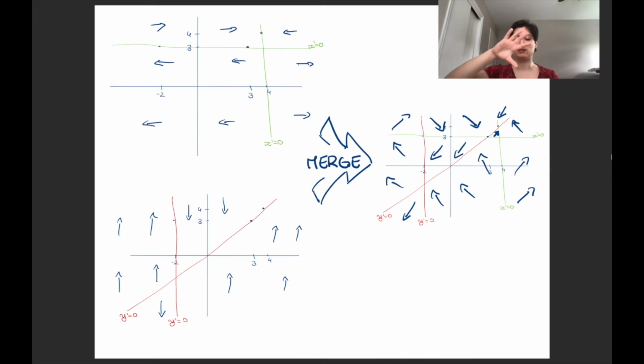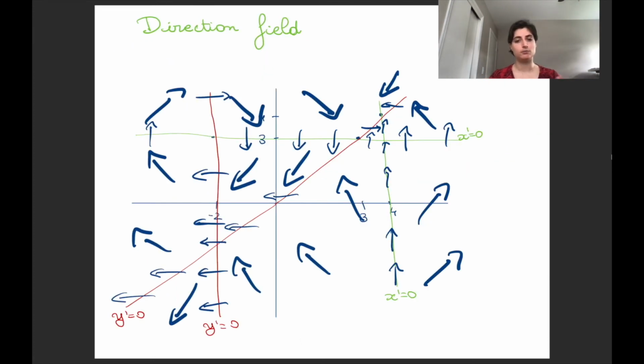For example, at the right bottom, we have y prime is positive and x prime is positive. So we're tending up and right. We're really just mix and matching what is on the sections of our graph with the things we have found about x prime and y prime. It looks something like that.